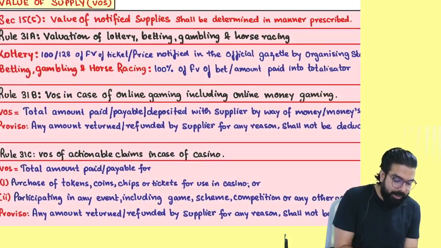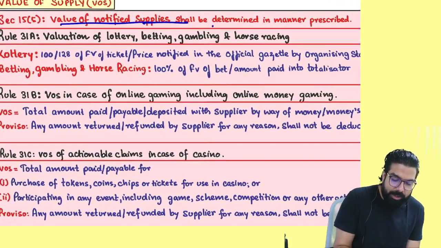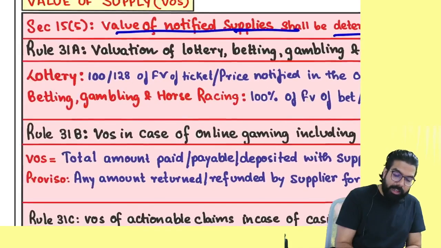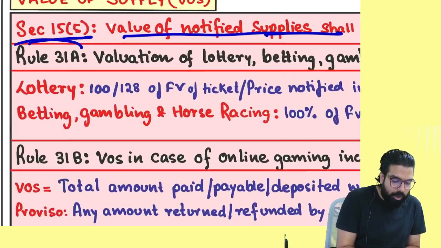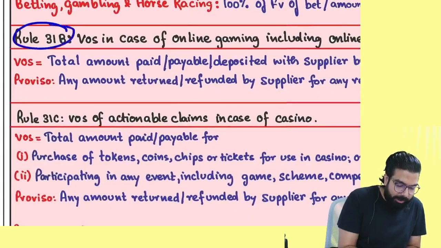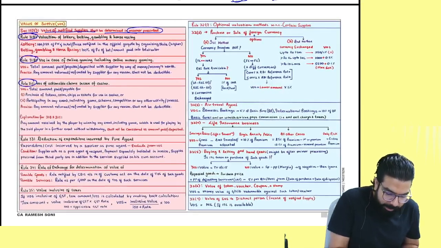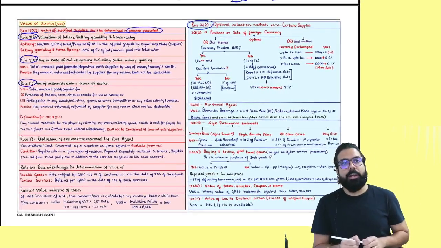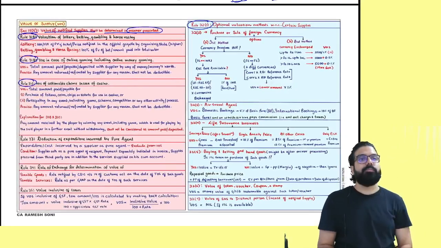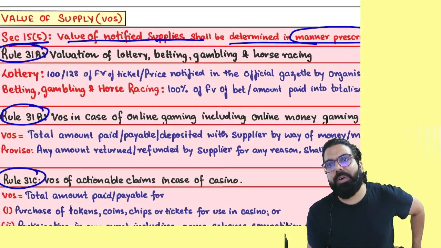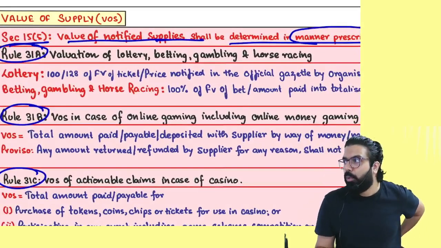15.5: government says for notified supplies the value will be as told by the government, as prescribed, and prescribed is rule number 31A, rule number 31B, rule number 31C, and we have one rule number 32 also over here. Let's go ahead. People, government went ahead and prescribed the manner to find out the value in certain scenarios.